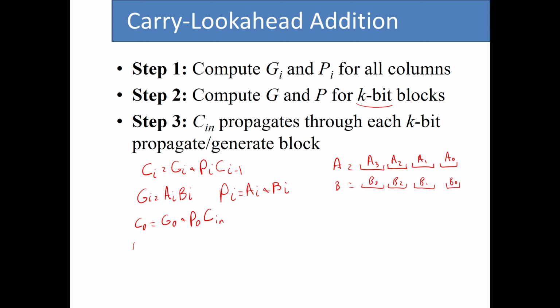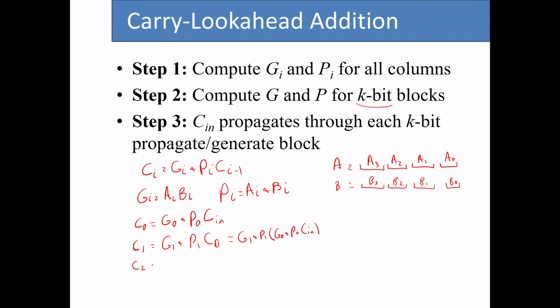Now to calculate the value for C1, we have G1 plus P1 multiplied by C0. So we simply replace C0 with the value that we had from the previous stage. So this becomes G1 plus P1 multiplied by G0 plus P0 Cin.